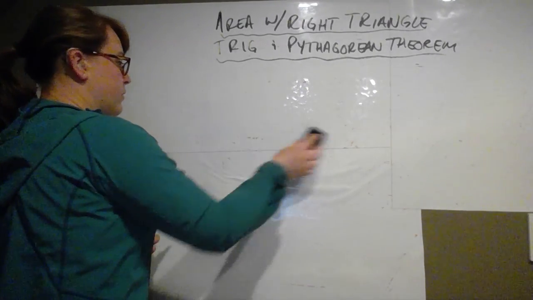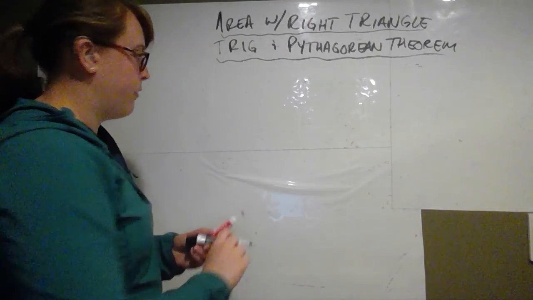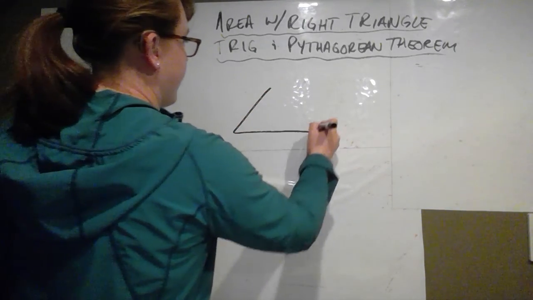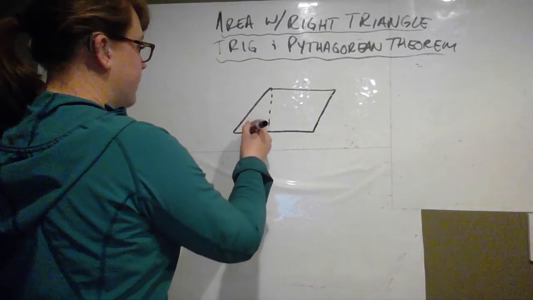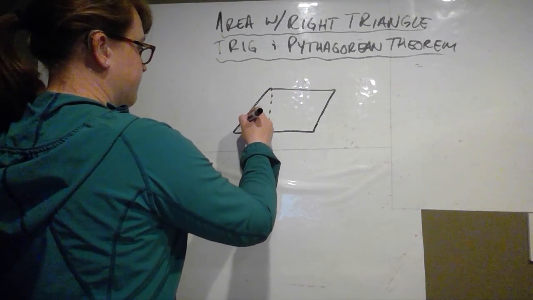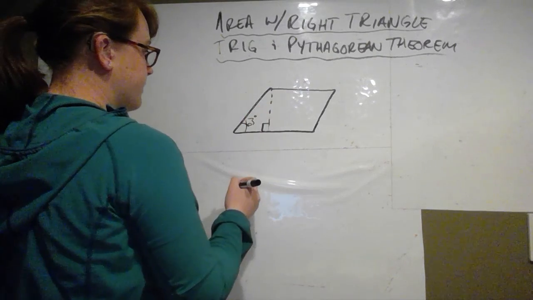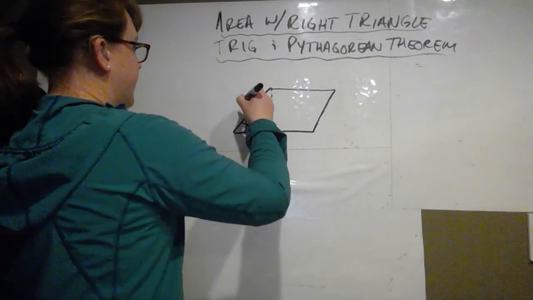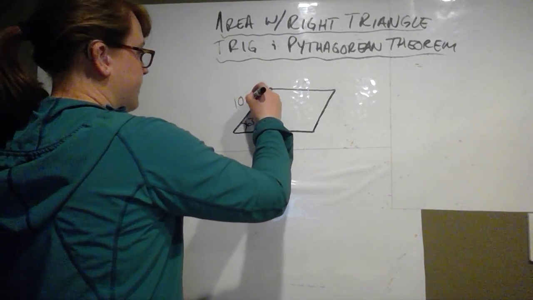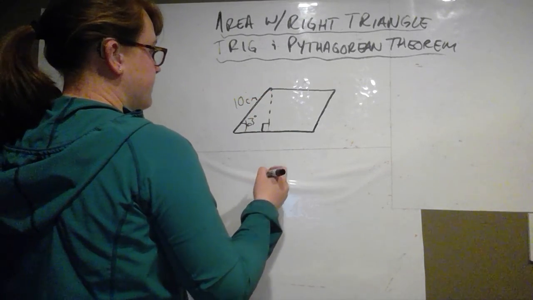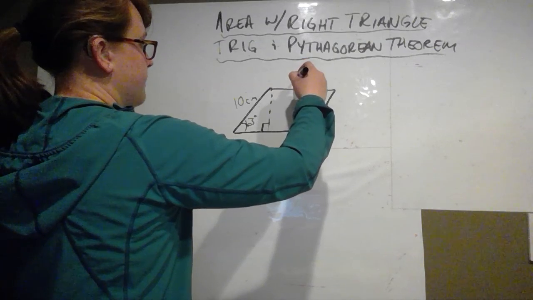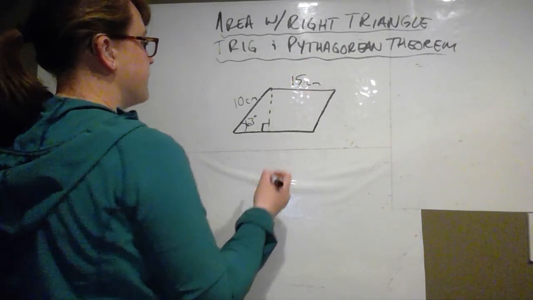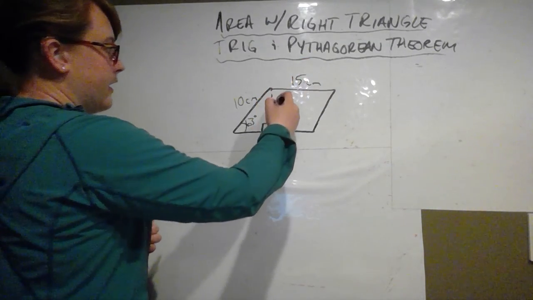And then one more that you might end up with as well is if you had a parallelogram and let's say we know this angle is 63 degrees and this side is 10 centimeters and this is 15 centimeters and you want to find the height here.